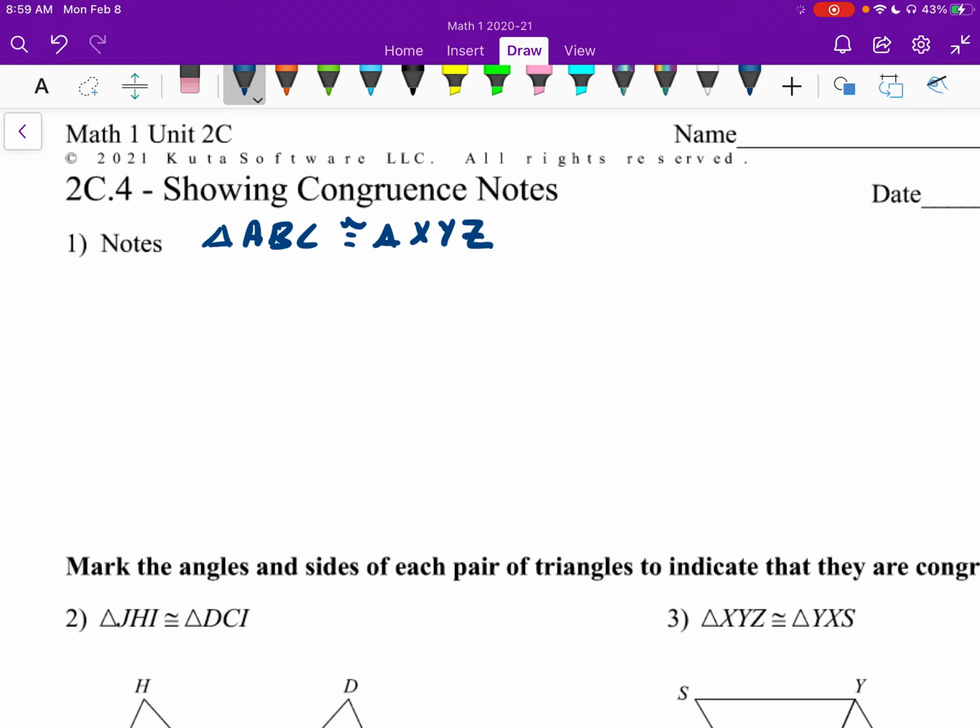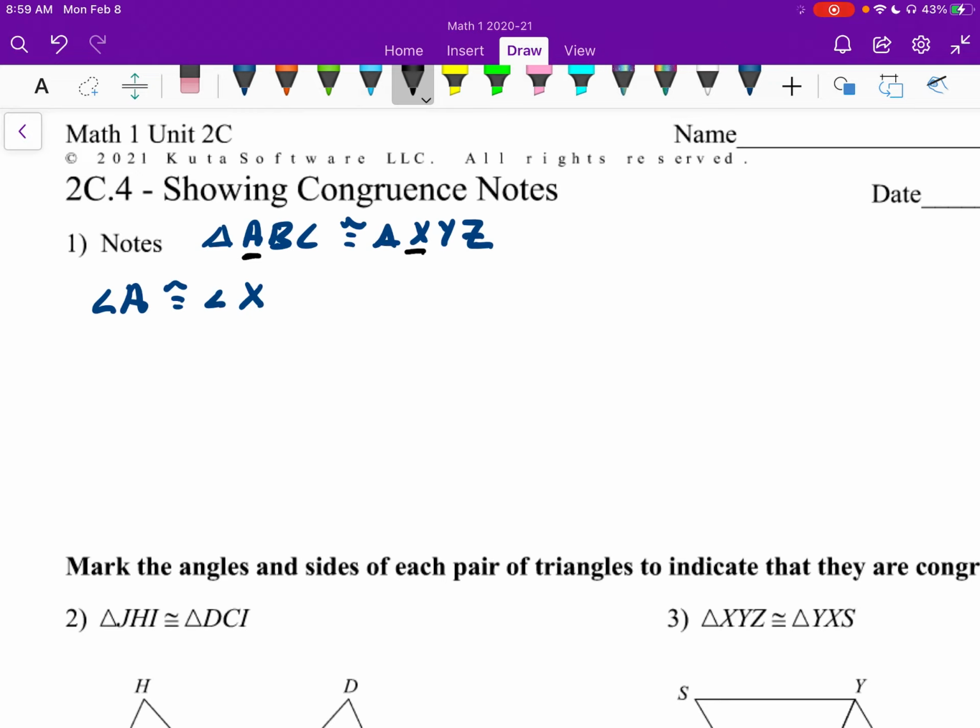So we have two triangles. We know they're congruent, they're the same. And we have this congruence statement here. Now, this congruence statement tells us more than just that the triangles are congruent. It tells us that angle A is congruent to angle X. Angle A is the first one listed in the first triangle.